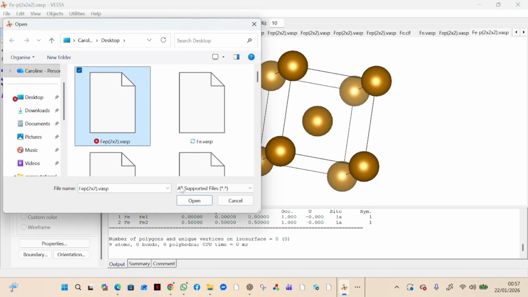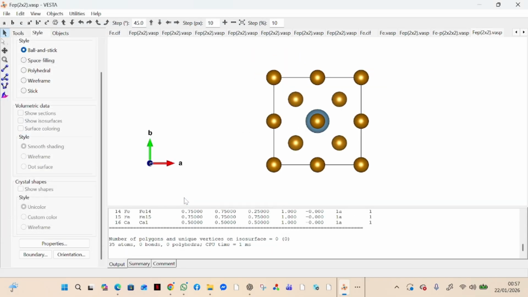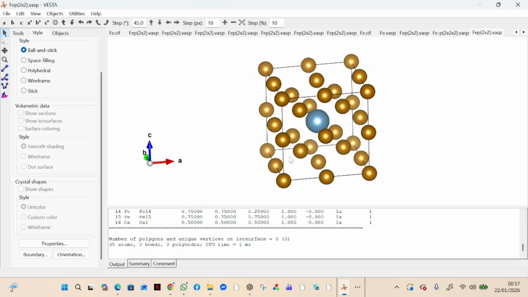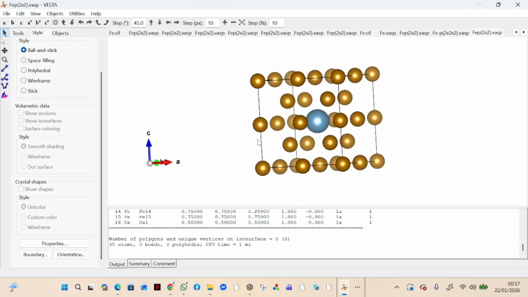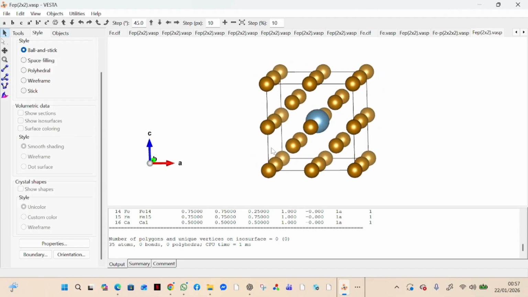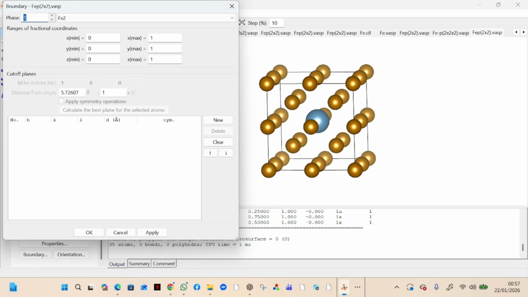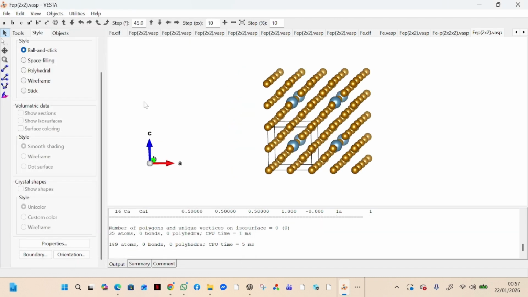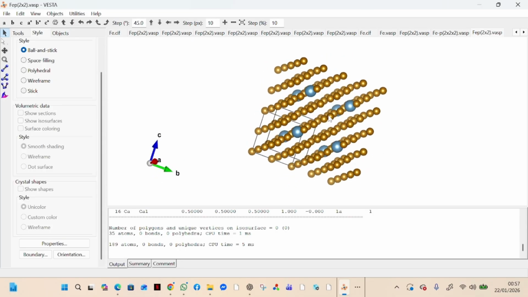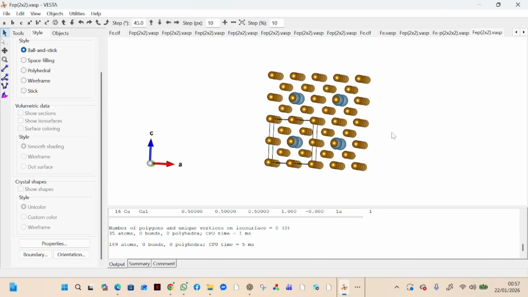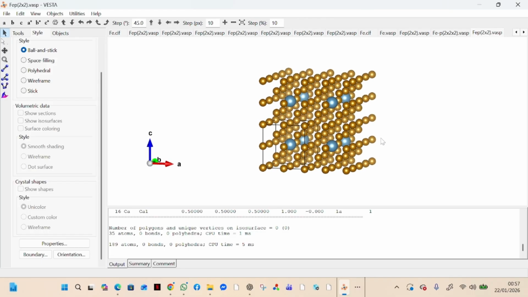Here we go. And we have this. So this is much more realistic to mimic reality. But let's replicate. So the code will actually see an extended version. So let's make it a 2 by 2. And okay. Yeah, so if we measure, you see the dopants are actually isolated.